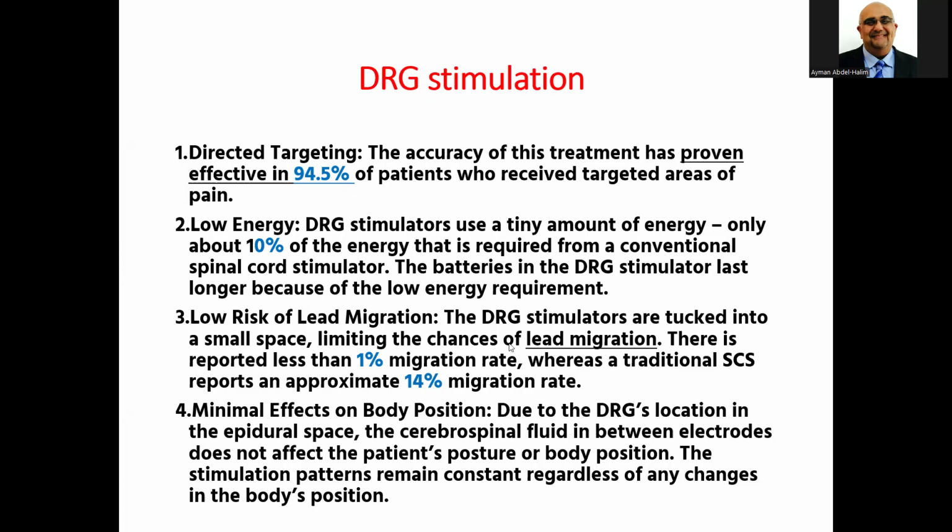A low risk of lead migration. This is a common problem with dorsal column stimulators. It has less than 1% migration rate, while traditional spinal cord stimulation is around 14%.